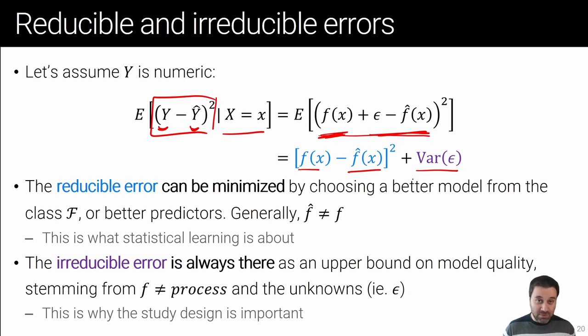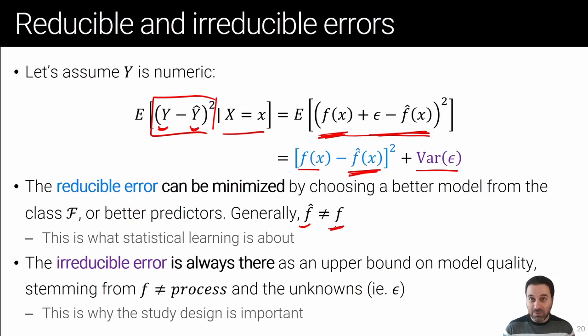So the reducible error, the part in blue, is something that we can minimize. We can always try and make our estimated model as close to the optimal model as possible by choosing just a different set of coefficients, a different model from the class, or using better predictors. We have this error because generally the one we estimate from data is different from the optimal one.